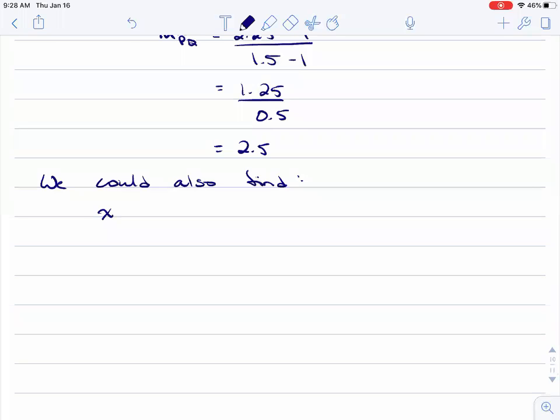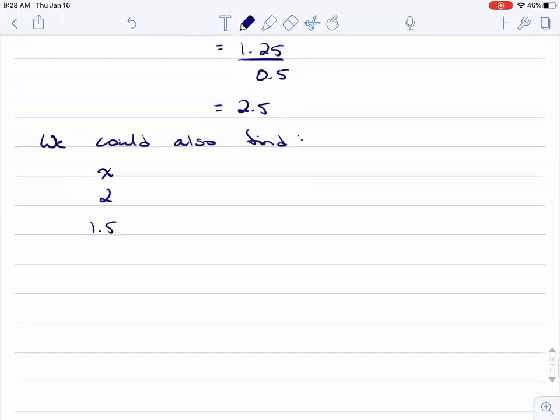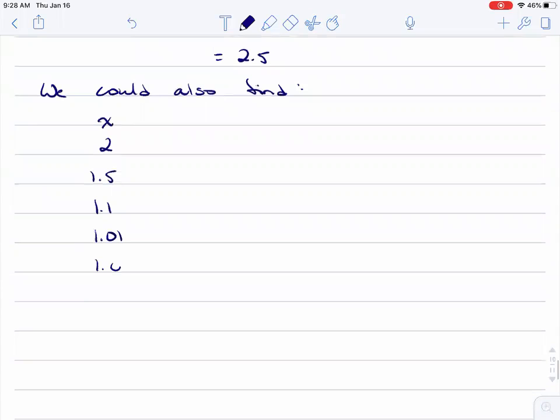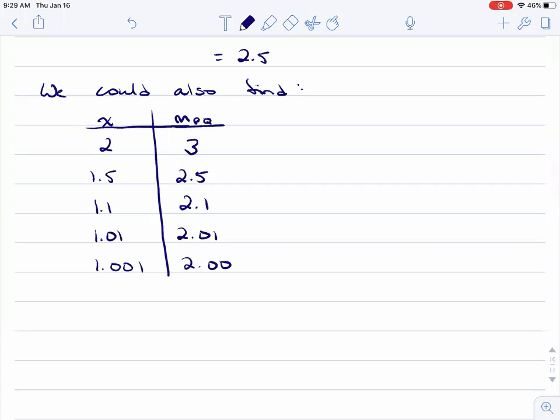If x is 2, 1.5, 1.1, 1.01, 1.001, I can find m_PQ the same way you would. If x equals 2, that's further away, and it has a slope of 3. We just did 1.5, so the slope there is 2.5. Then at 1.1 it would be 2.1, then 2.01, and then 2.001.